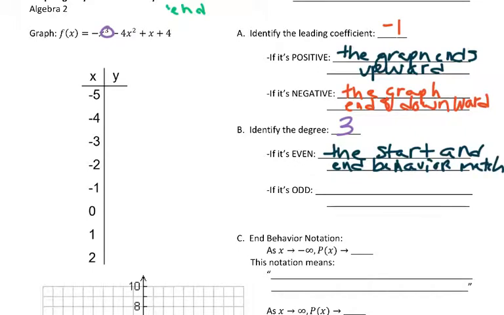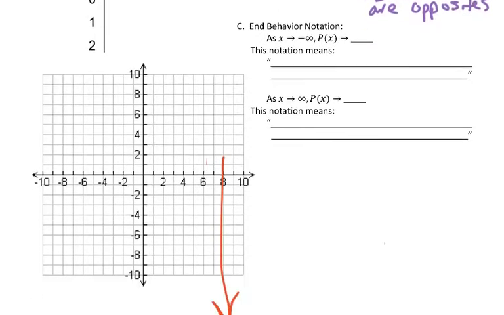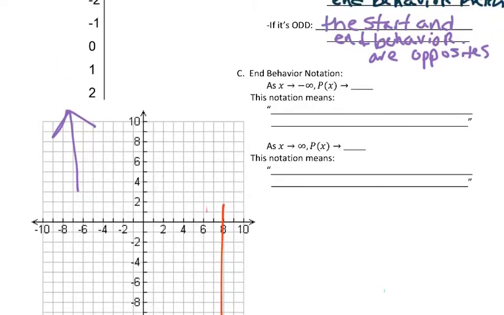Alright, and if it's odd, as it is, the start and end behavior are opposites. And so what's that telling us about this graph is that eventually it will have this start of going upwards.